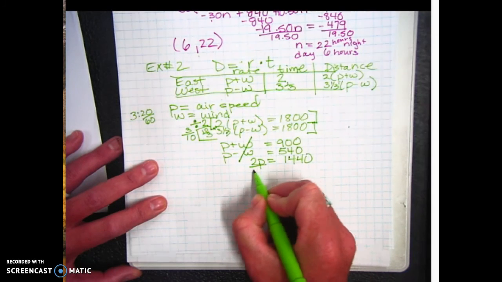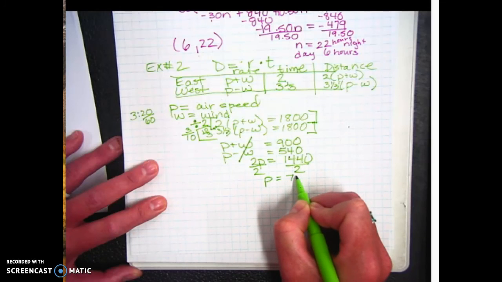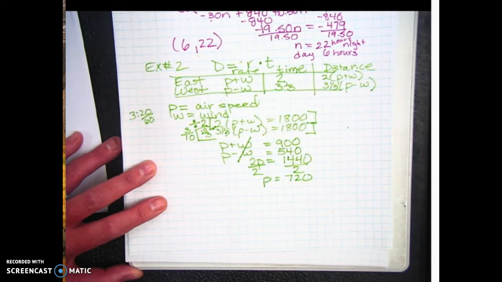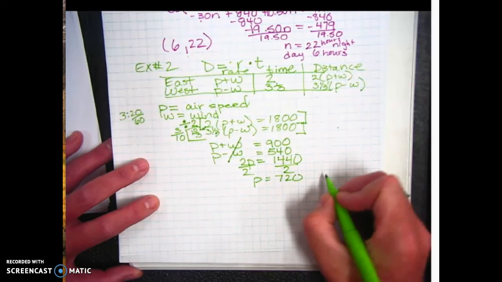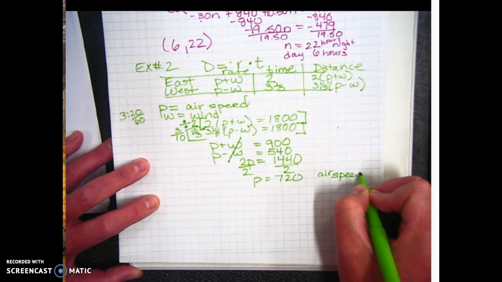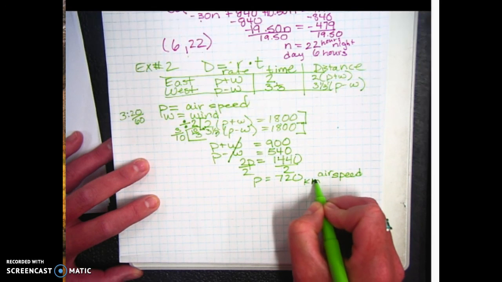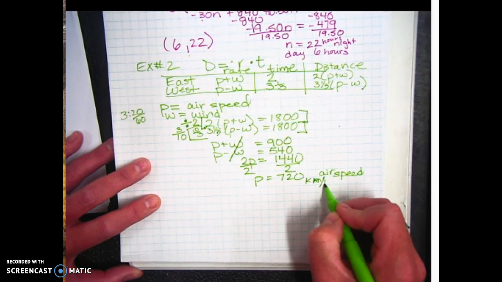Divide both sides by 2. So P is 720. That's the airspeed. And I think it was like in kilometers per hour or something like that. So we'll just say kilometers per hour.